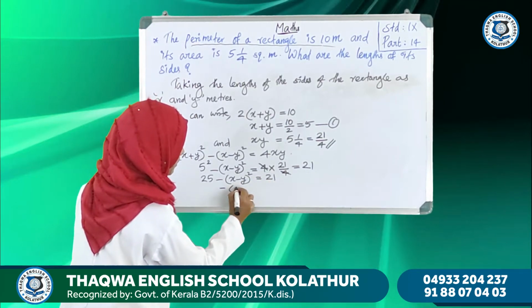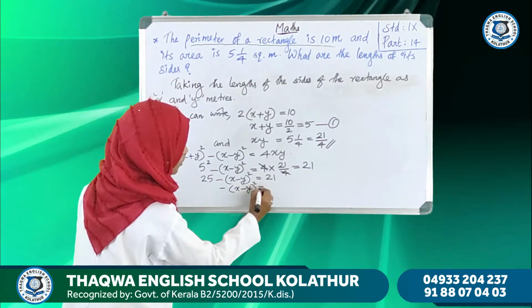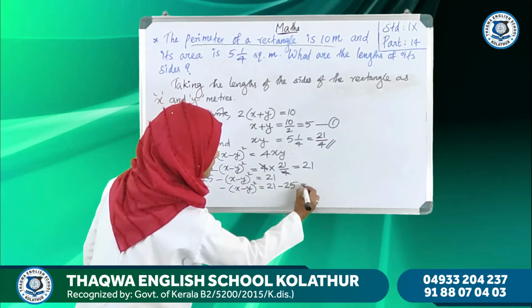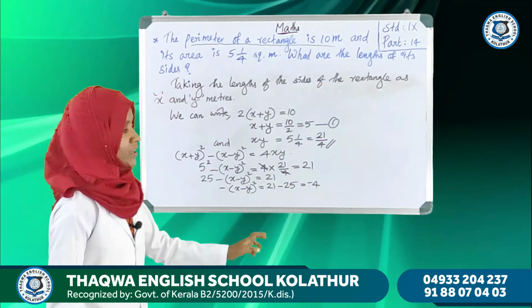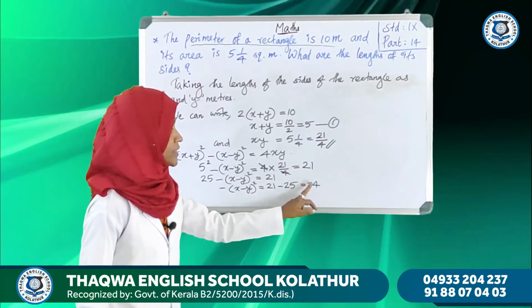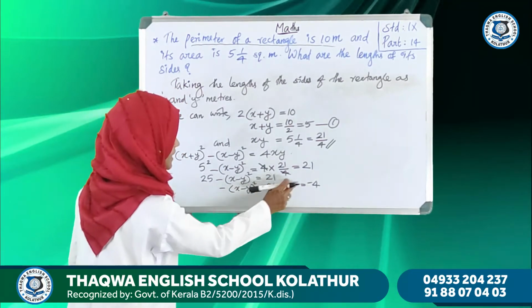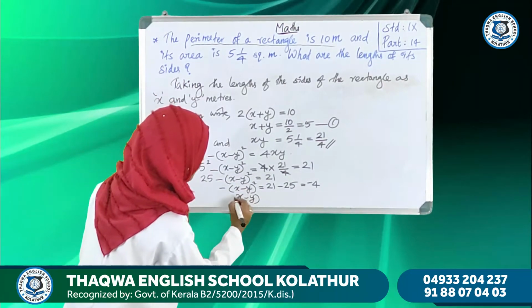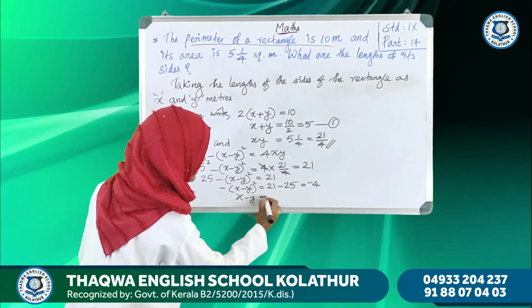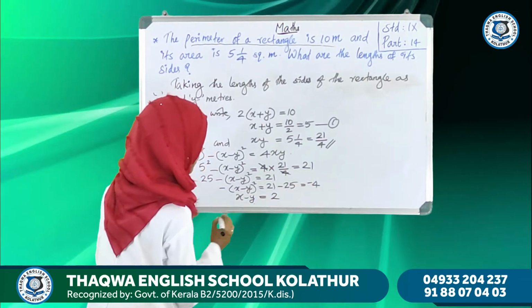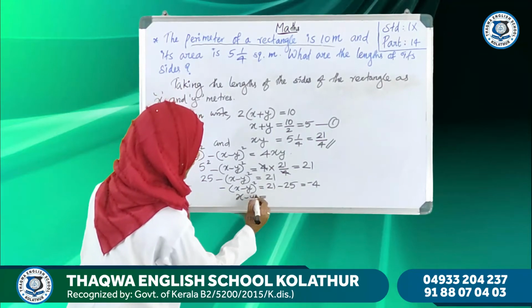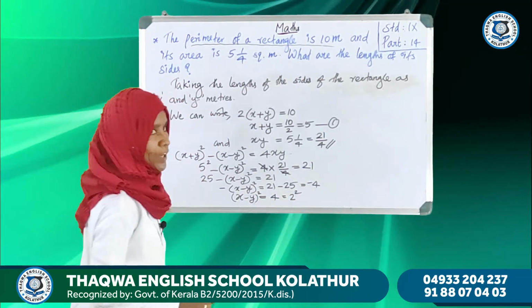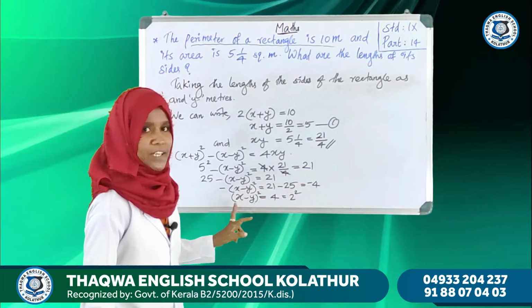From here, minus (x minus y) whole square is 21 minus 25. This is minus 4. Now let us cancel the negative sign on both sides.